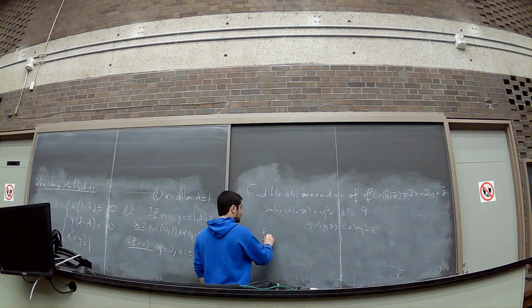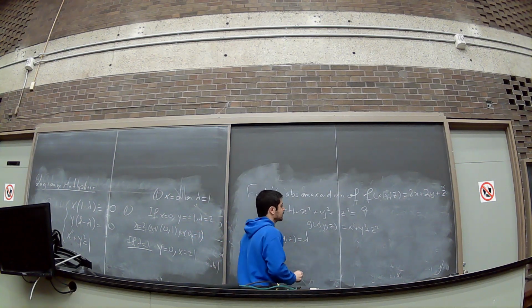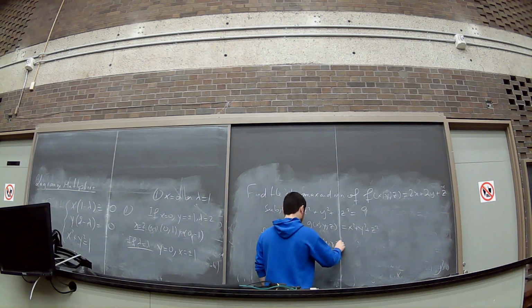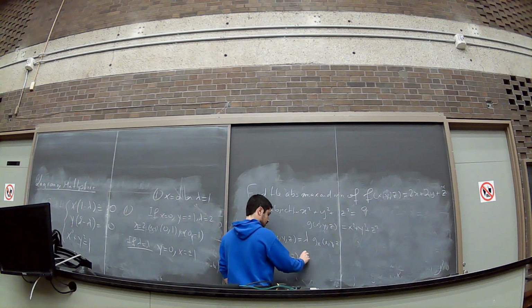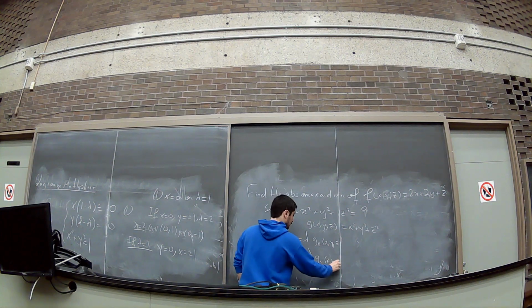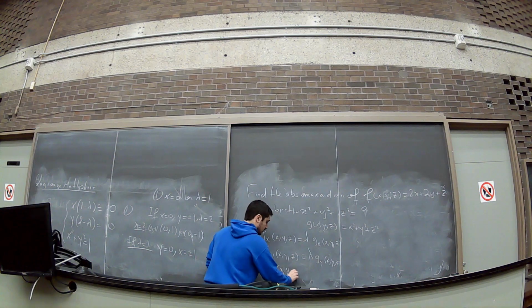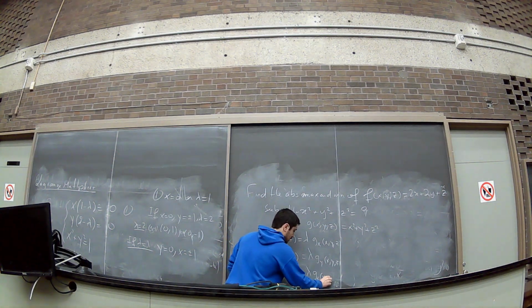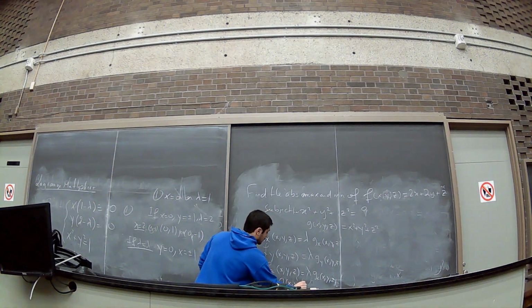So what do I do? Fx is lambda what? Gx. Fy, and Fz, and Gxyz.